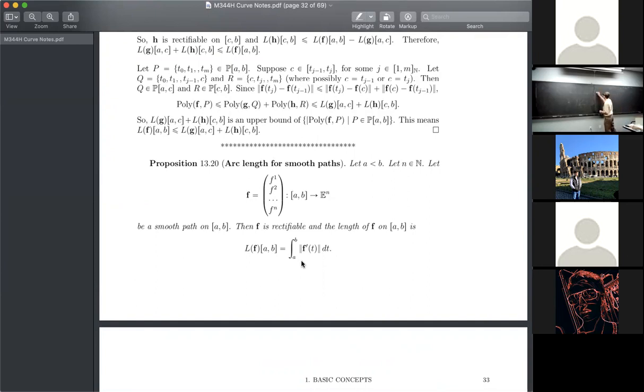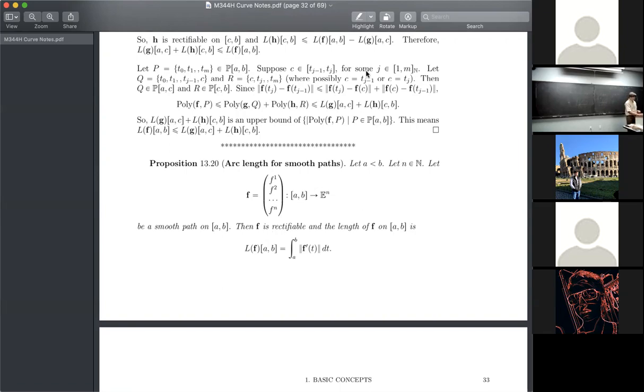Now that's the same definition that you had in Calc 2, except in Calc 2 we might not have used the norm concept because, if I have something like xy, then that integral becomes x prime of t squared plus y prime of t squared, because, so just a second.